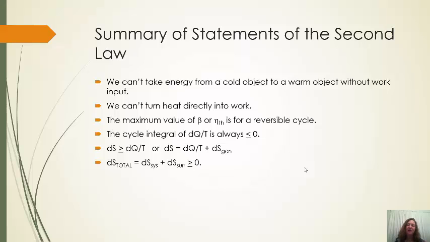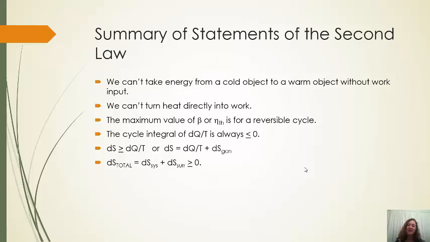We know that the cycle integral of dq over T is always going to be less than or equal to 0 for a cycle, and dS is going to be greater than dq over T for a process. Or if you don't like the inequality, dS is dq over T plus this entropy generated.